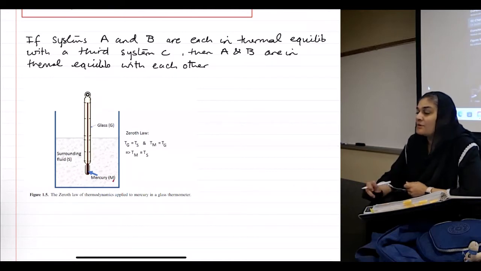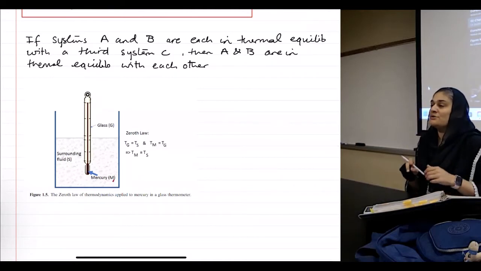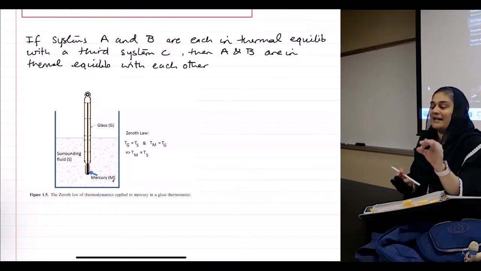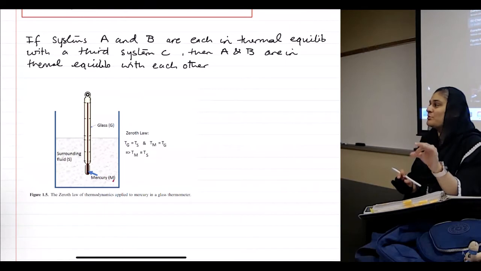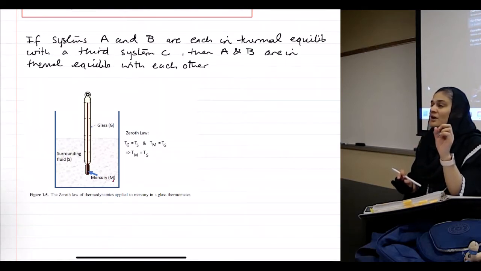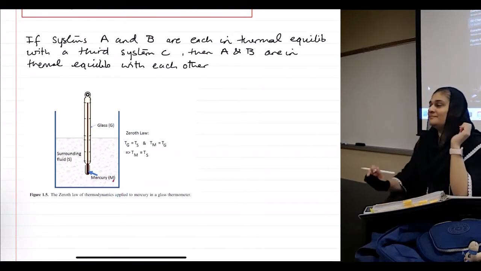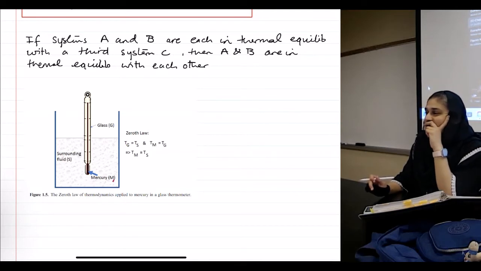Okay? So, for example, I want you to do a test. Select a part of the table that you are not touching at this point. Put your hand on it and your arm. What is happening? Equilibrium with the table.